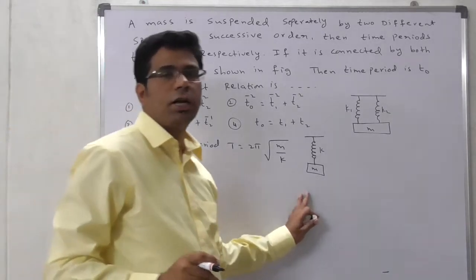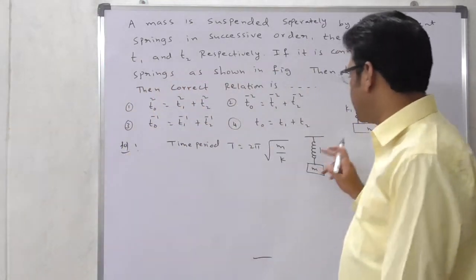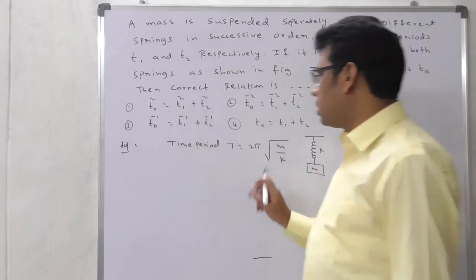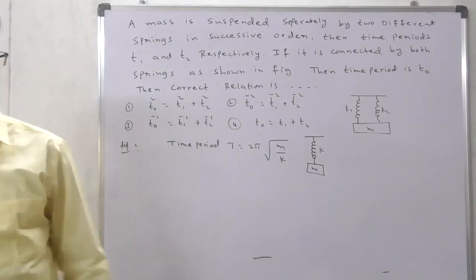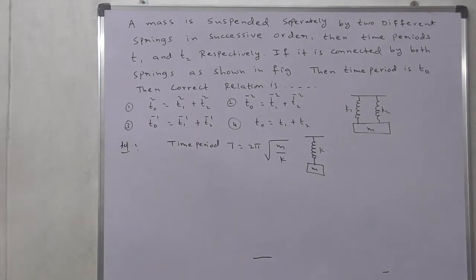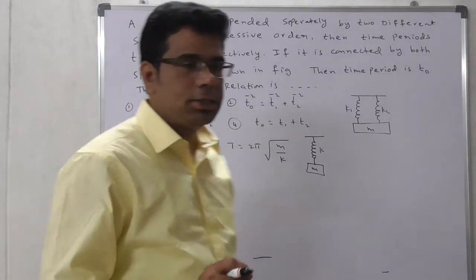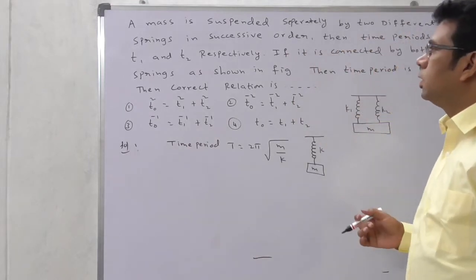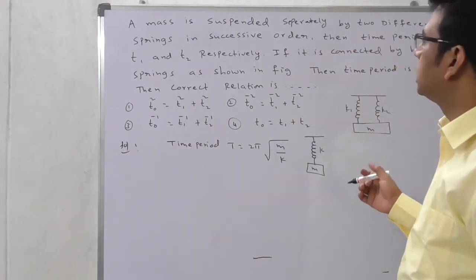This is the basic one. If a mass is suspended by a spring with spring constant K, then the time period is T equal to 2 pi under root m by K. Any doubts in this? No? Right.